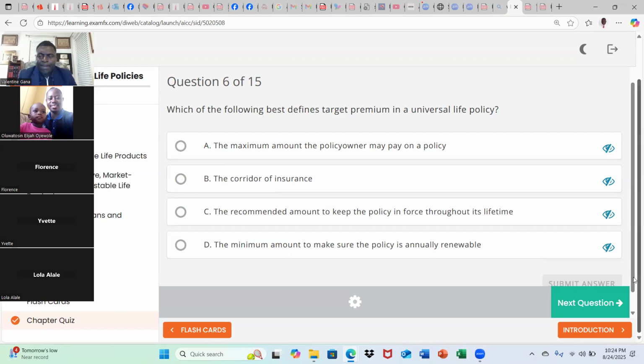Okay. The recommended amount to keep the policy in force throughout its lifetime. That's the explanation I made on the previous question, so bring all of those explanations here, and Oluwatosin is right. It's C.